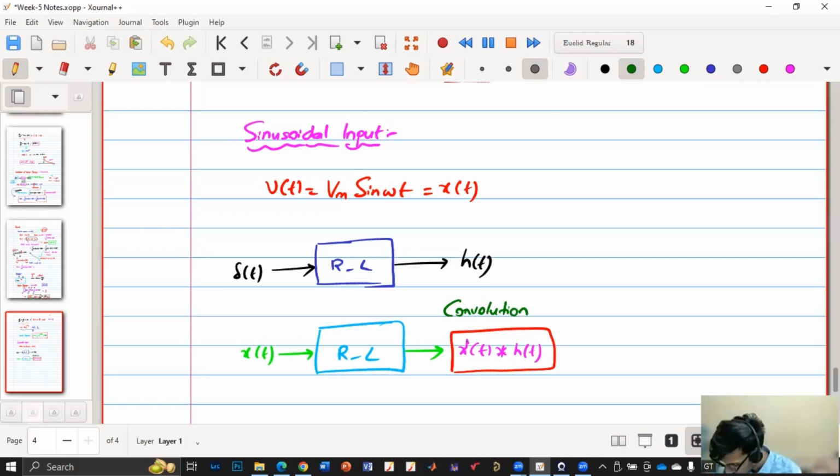So my convolution theorem says my new y of t, or my new current for this input, is I of t is equal to the integral from minus infinity to t of h of tau x of t minus tau d tau.